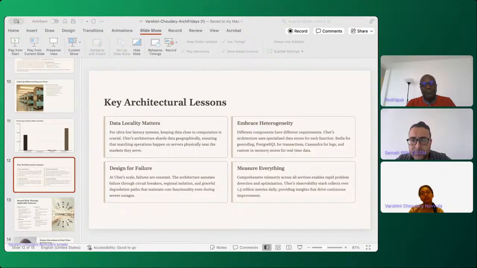Each has its own failure points and latency issues. The solution here is adopting orchestration platforms like Kubernetes and implementing service mesh mechanisms to make this architecture resilient.